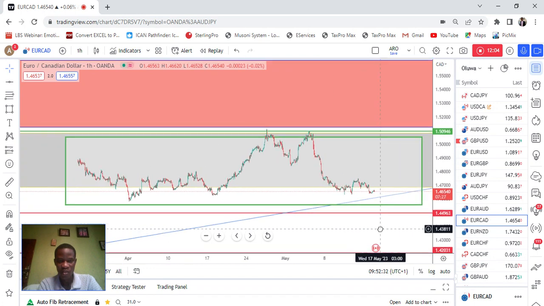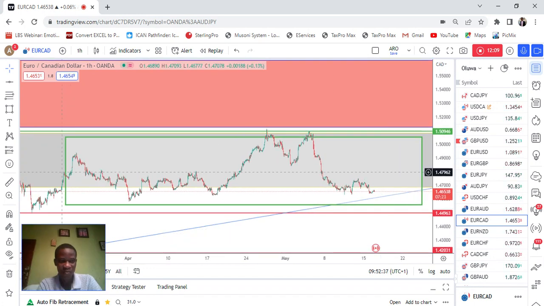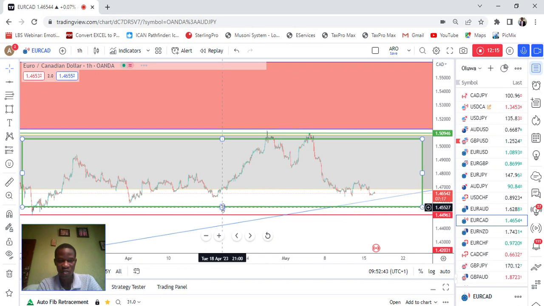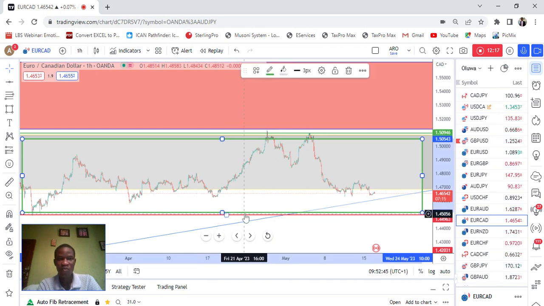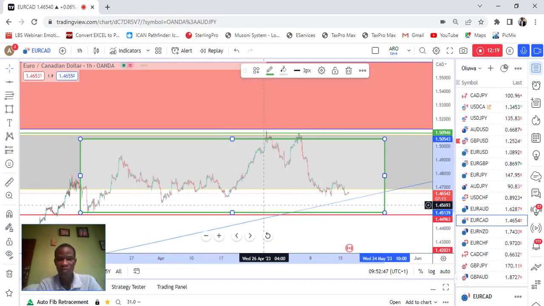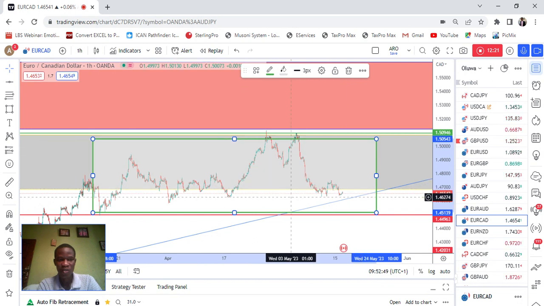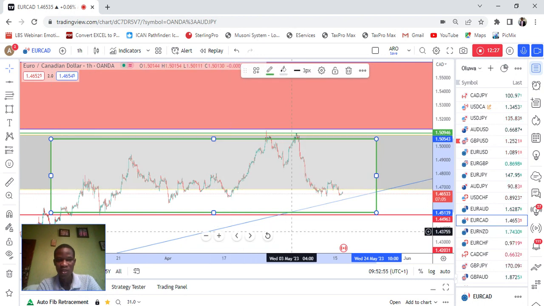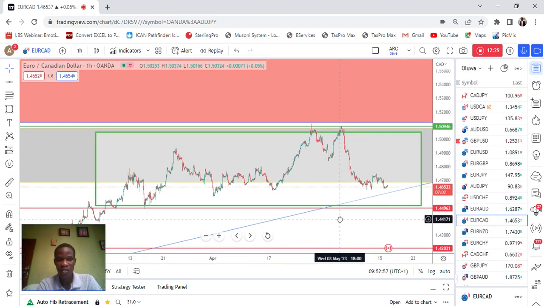You can see from the 1 hour that the market is just moving within this box. So this is a range market. It's not creating any trend. There is no trend presently. You can see there is no trend.